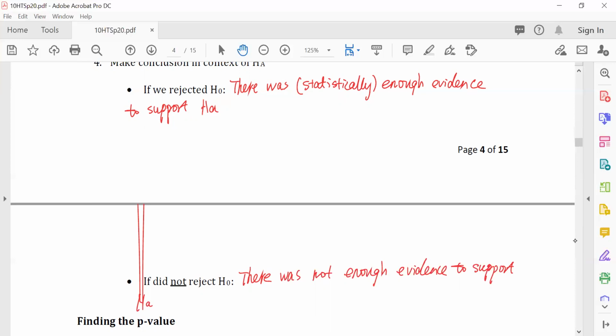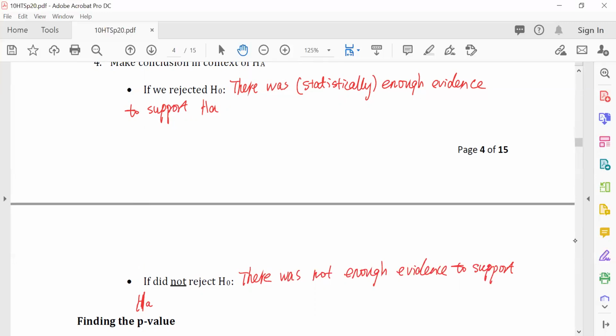Please be careful about what I have just said when making the conclusion for did not reject H null. I'm not saying we prove H null is wrong.